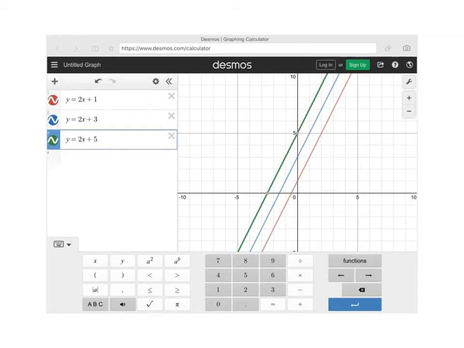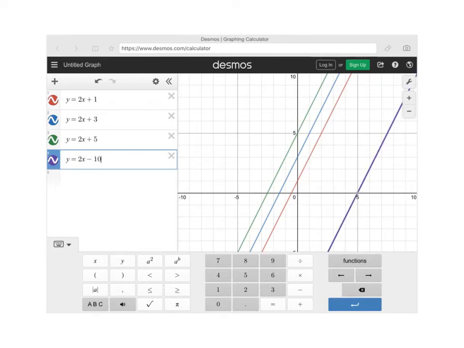So if I have a negative y-intercept, if I put in y equals 2x minus 10, it's going to move it way down to -10 on the y-axis where it cuts. Okay, let's see if you can see that.